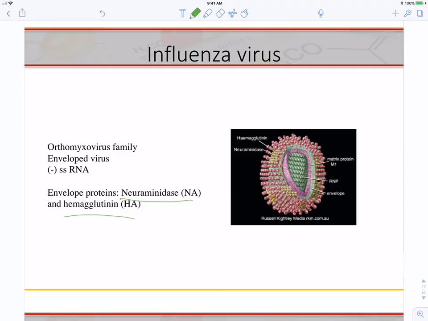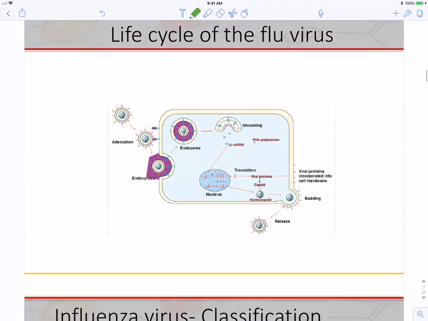Hemagglutinin is a protein that binds sialic acid, and sialic acid is expressed again on glycoproteins on the surface of these epithelial cells, and so facilitates the attachment of the virus to the host cell. And it's actually the equilibrium between neuraminidase activity and hemagglutinin that makes the virus infectious.